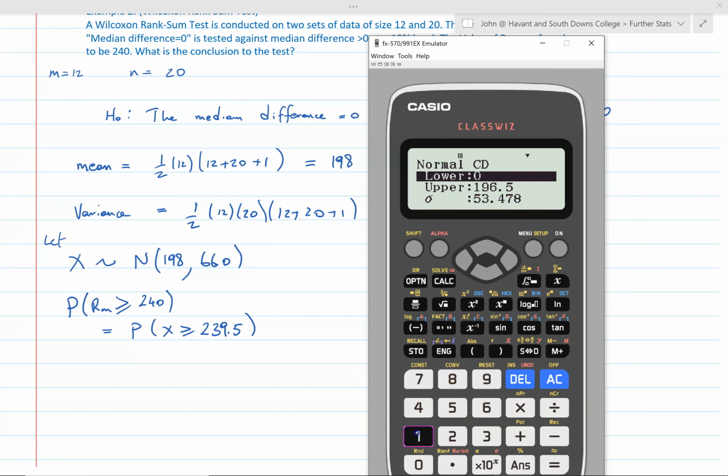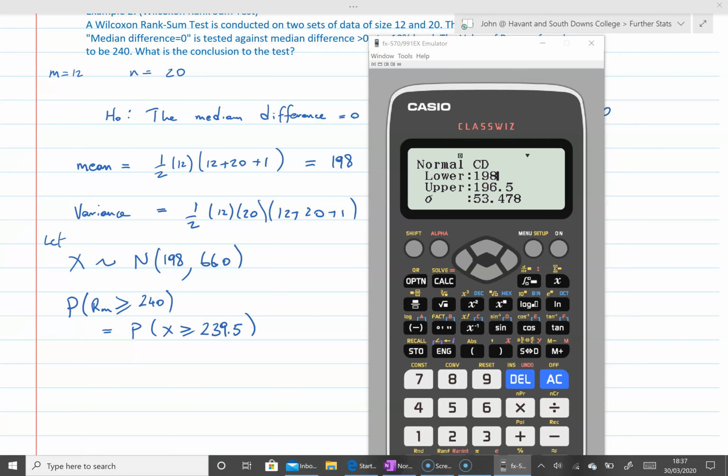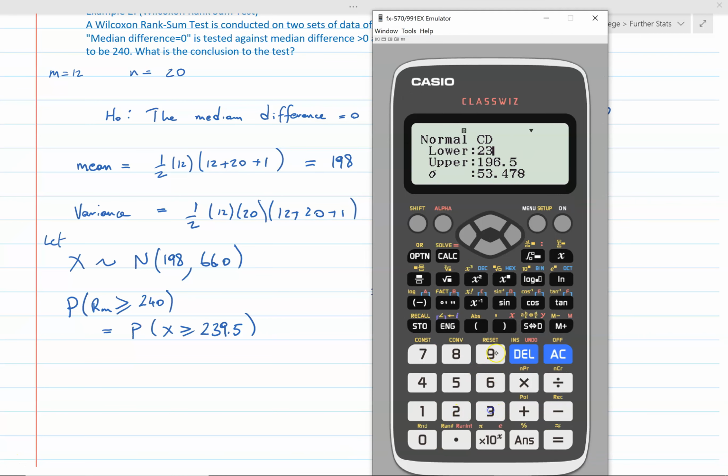Now the variance is 660, and the square root of that is the standard deviation. We want the lower value to be 239.5, my apologies, and the upper value to be something unlikely big. 1,000 is certainly big enough.